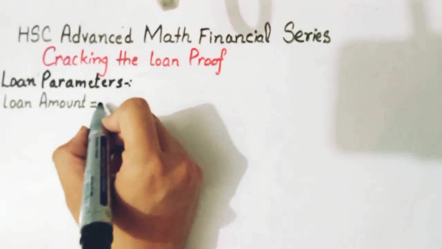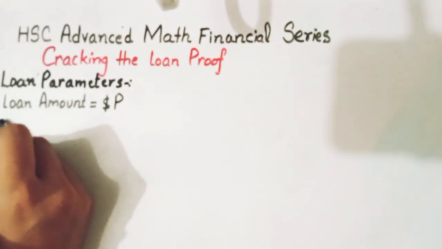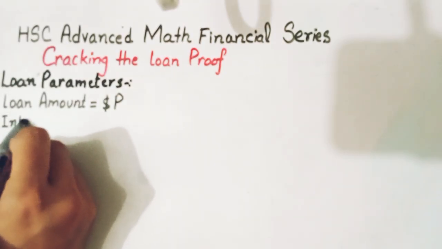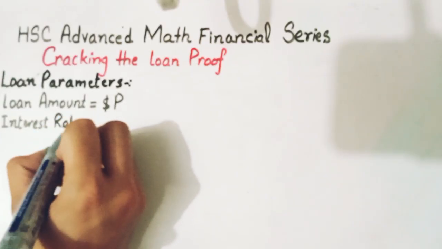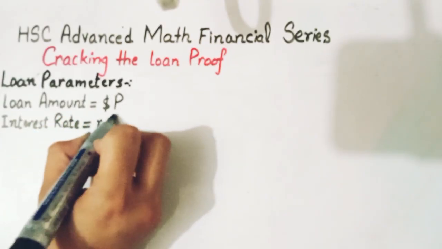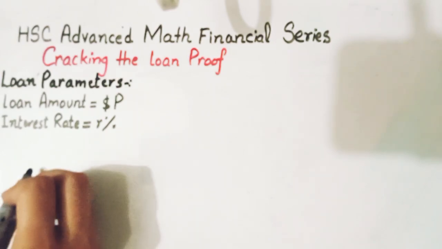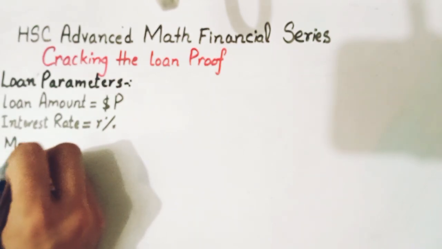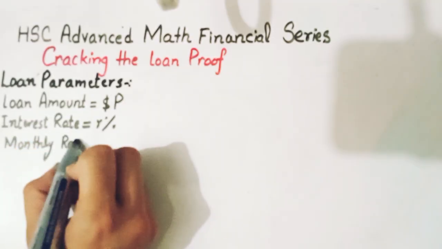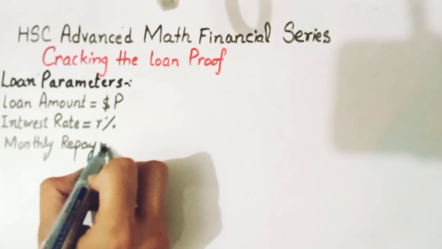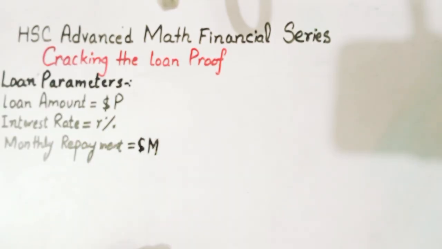We will represent this by P. And the interest rate is represented by R. This is compounded monthly. And the monthly repayment is represented by M dollars.